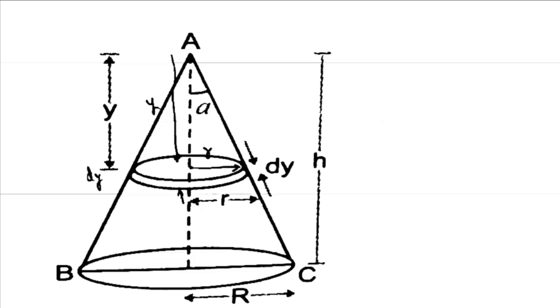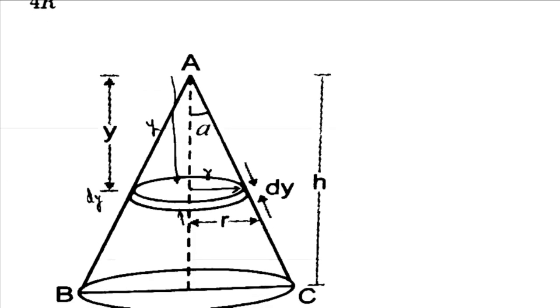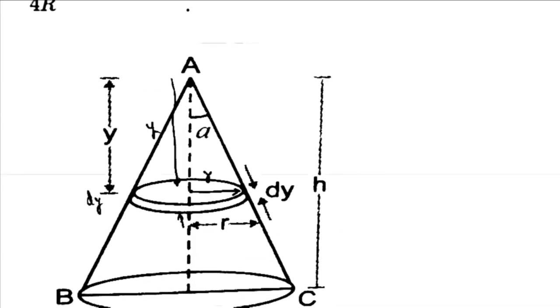And we need only to find the y coordinate, since we know that the center of mass of this body will fall on the y axis from symmetry, since it is symmetric about this y axis. So the center of mass of this disk will be here, the x coordinate will be 0, and the y coordinate will be y.